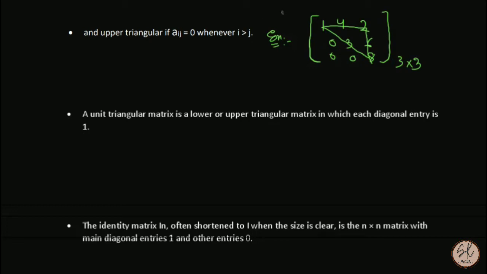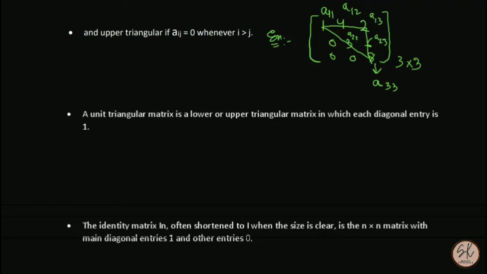Here this element is A11, this is A12, this is A13, this one is A22, this one is A23 and this one is A33. So for i greater than j, Aij will be 0.